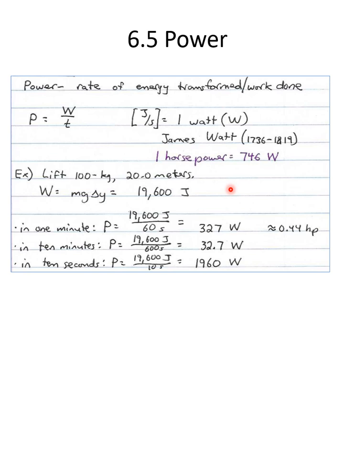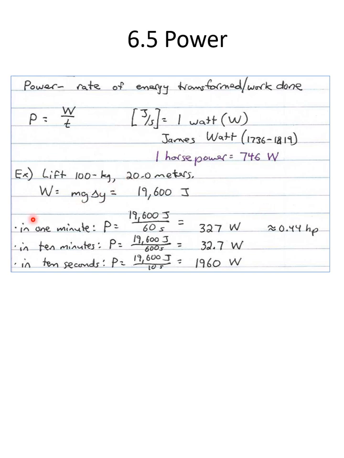Now the power is that work divided by the time. And the quicker we do it, the more power it takes. So if we lift that 100 kilograms up 20 meters and we do it in 1 minute, then the power is 19,600 joules divided by 60 seconds, and we get 327 watts, which is about 0.44 horsepower.